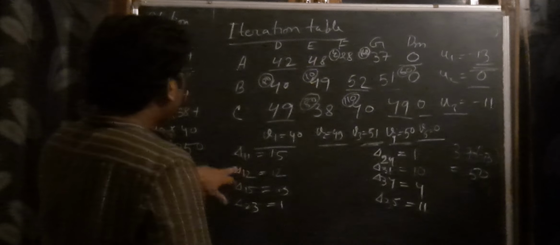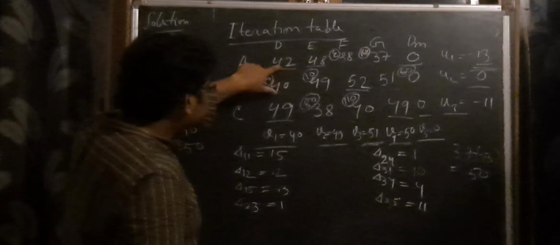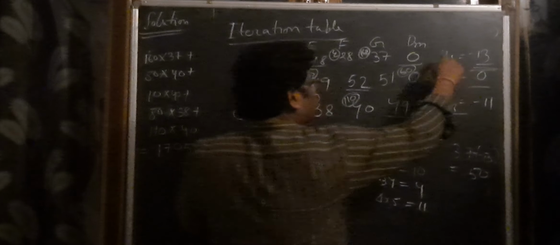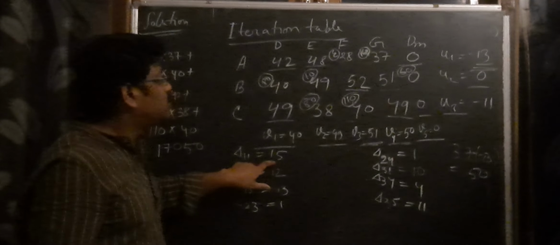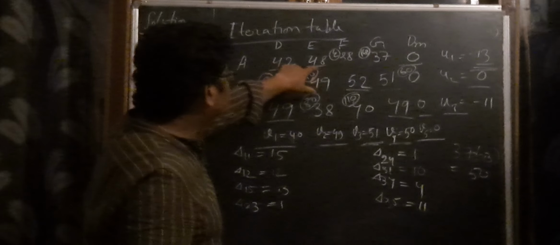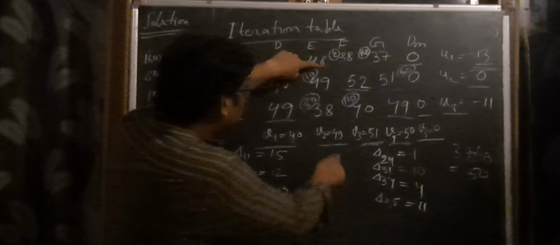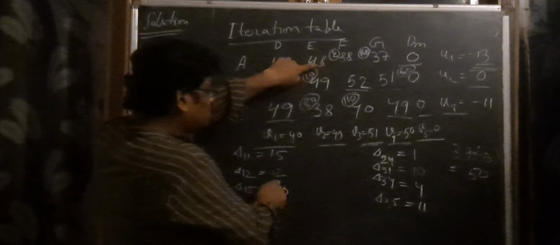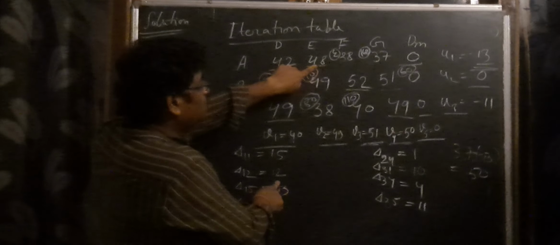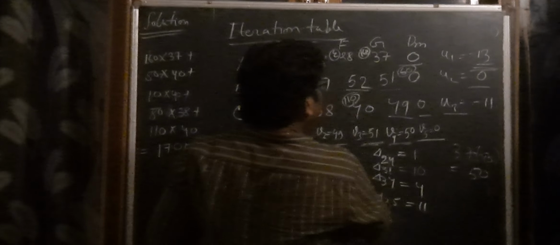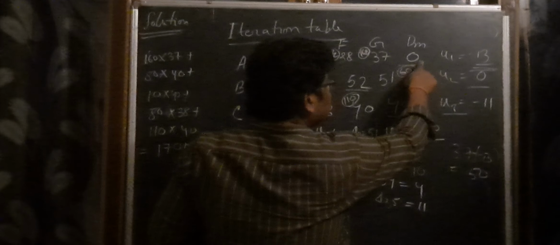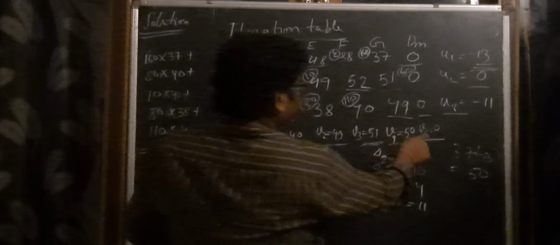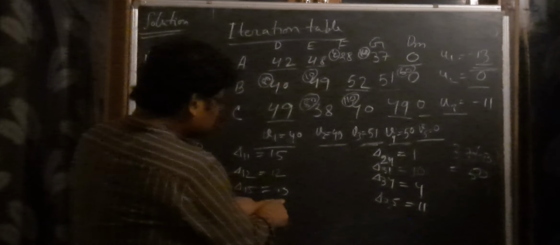So del 1 1 is 42 minus 40 plus minus 13. So after calculation we have 15. Okay, for this, 48 minus 49 plus minus 13, we have 12. For del 1 2 we have 12, and del 1 5 is Cij minus minus 13 plus 0, so plus 30.